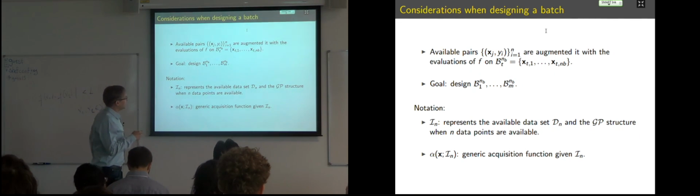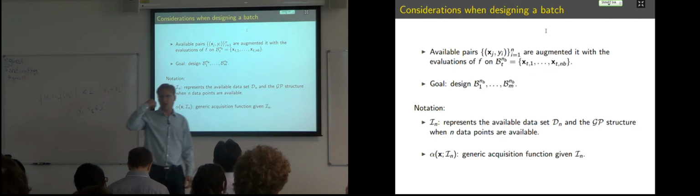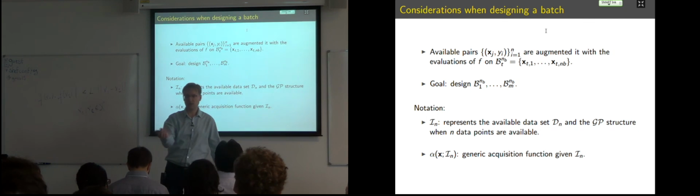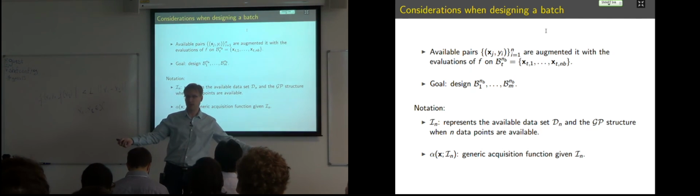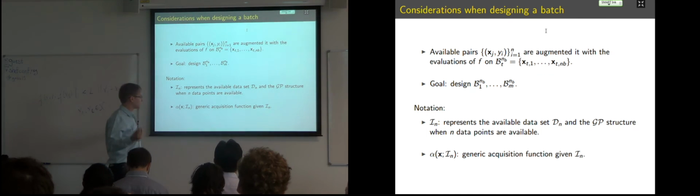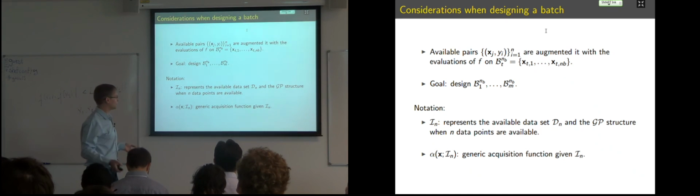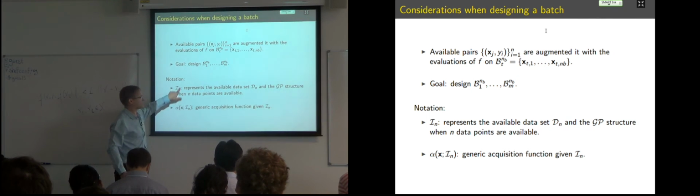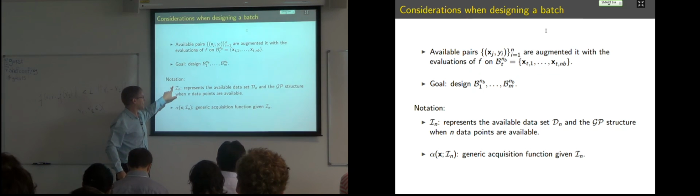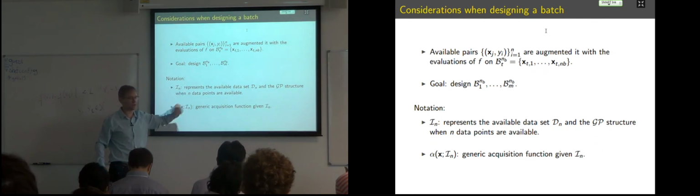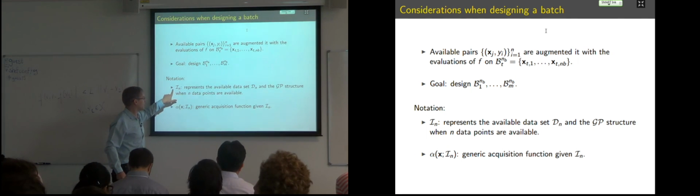So essentially, now, whenever you don't need to decide just one location, you need to design multiple of them, right? And determining a strategy for how to do that is what we're doing here. Just a bit of notation. Y_n is to keep updated the iterative idea that we use when collecting batches.